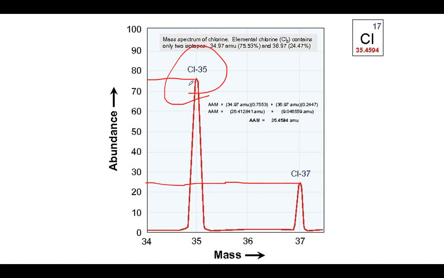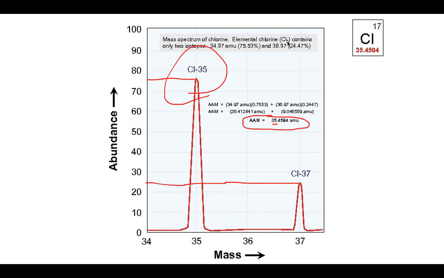But since the isotope chlorine-35 is more abundant, the average atomic mass of chlorine is going to be closer to 35 than 37, because the relative abundance of chlorine-35 is much greater than 37. So there's a greater weighting of isotopes here, and it'll count more towards the average atomic mass. That's why the average atomic mass is closer to 35 than 37 for chlorine, which is Cl.